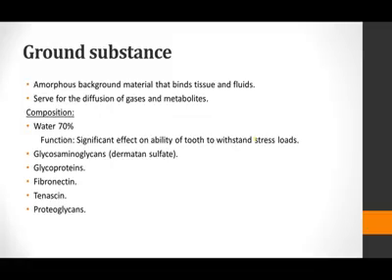This is called the ground substance. The ground substance is basically an amorphous background material that binds the tissues and the fluids together, and this substance serves for the diffusion of gases and metabolites within the periodontal ligament.